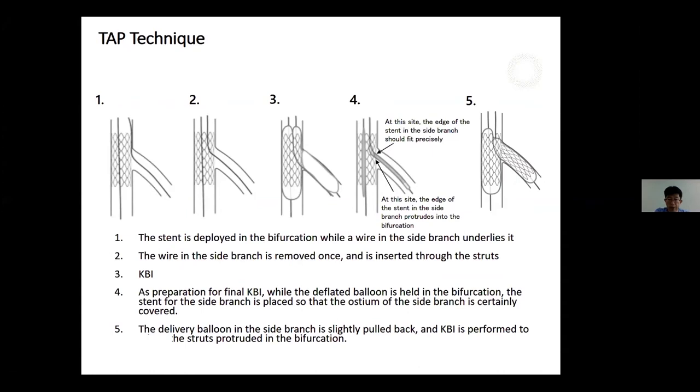While the deflated balloon is held in the bifurcation, the stent for the side branch is placed so that the ostium of the side branch is certainly covered. The delivery balloon inside the branch is slightly pulled out, and the KBI is performed. Final KBI is performed at the bifurcation.